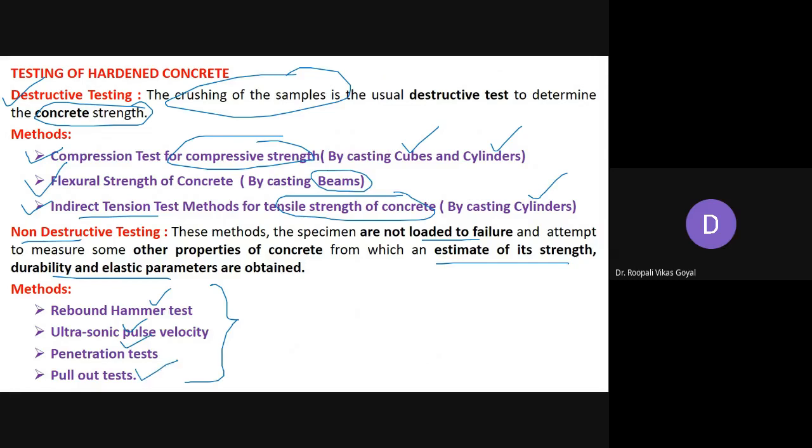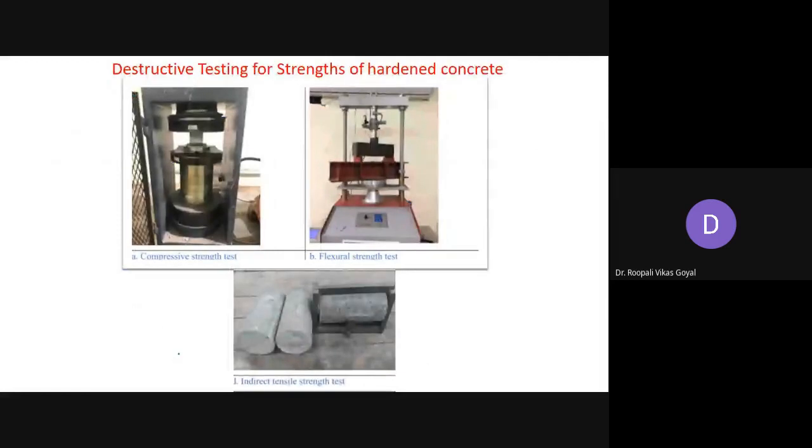In between, some semi-destructive testing methods are also adopted, but most testing methods of hardened concrete are of destructive and non-destructive type. Here we are going to discuss destructive testing for the strength of concrete, related to compressive strength, flexural strength, and indirect tensile strength.